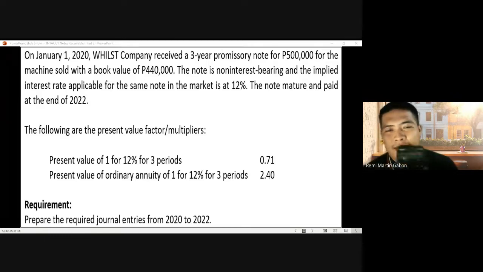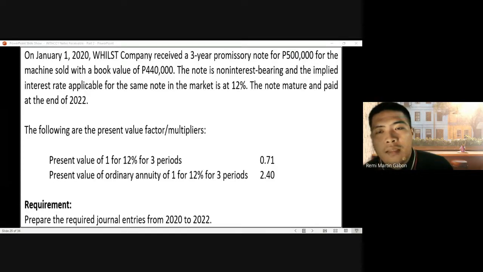So kindly disregard the negative. We will not use the negative. We are going to use it as is, 2.40. We can round it off to 2.40, or for 4 decimals, 2.4018, or for 3 decimals, 2.402. But nonetheless, 2.40 is what we will use.